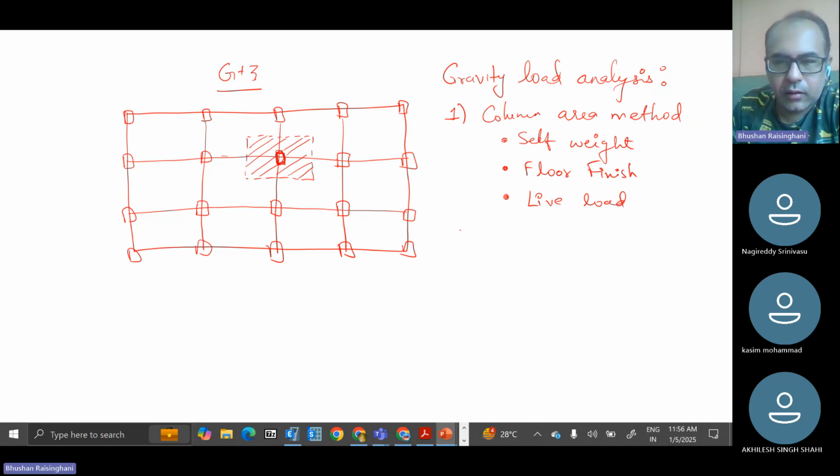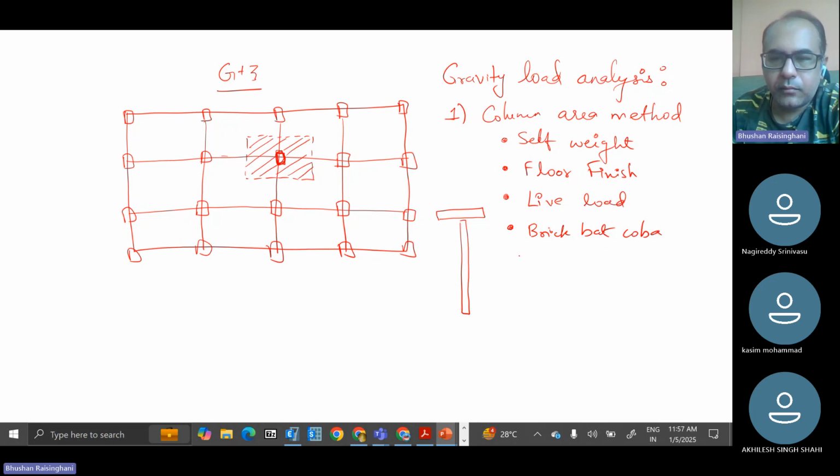So this will be your column, and this will be the top story, that is the roof. On that roof, there will be a brick bat cover, that is one form, or there will be some waterproofing loads.